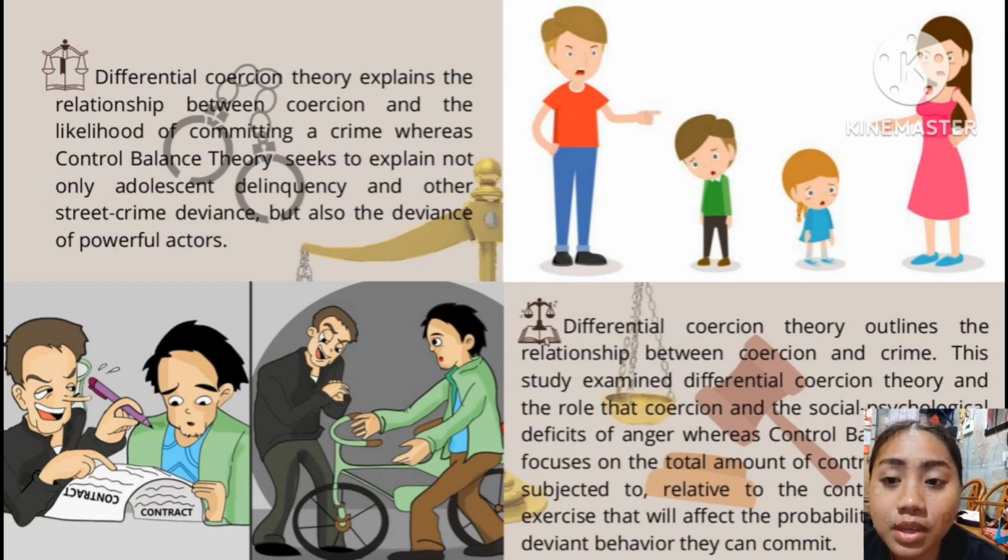Differential coercion theory outlines the relationship between coercion and crime. This study examined differential coercion theory and the role that coercion and the social psychological defenses of anger, whereas control balance theory focuses on the total amount of the control they can exercise that will affect the probability and type of deviant behavior they can commit.